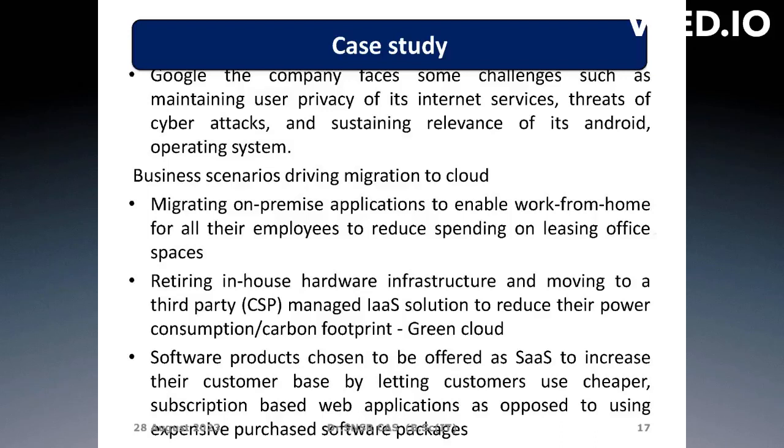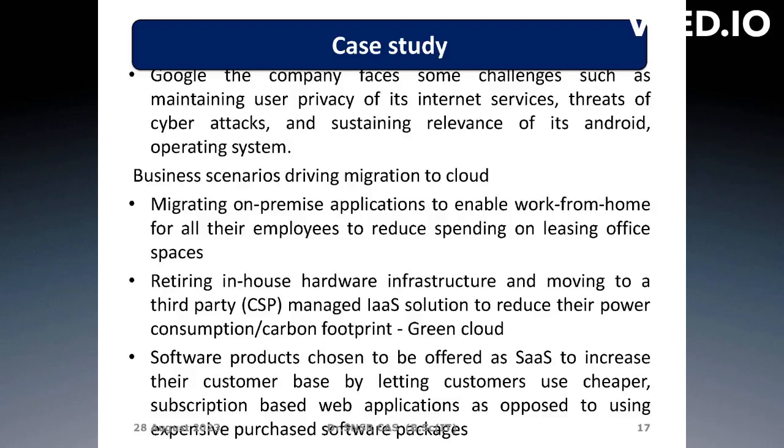In the case study here, a few examples are given of how Google faces challenges such as maintaining user privacy of its internet services, threats, cyber attacks, and sustaining relevance of its Android operating system. Business scenarios: driving migration to cloud, migrating on-premise applications to enable work from home for all employees, reducing leasing of office spaces, retiring in-house hardware infrastructure and moving to a third party managed IaaS solution to reduce power consumption and carbon footprint.